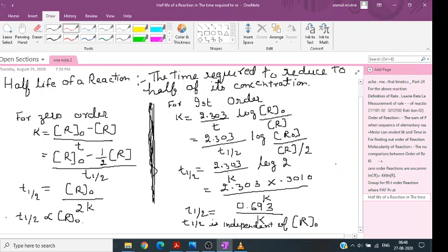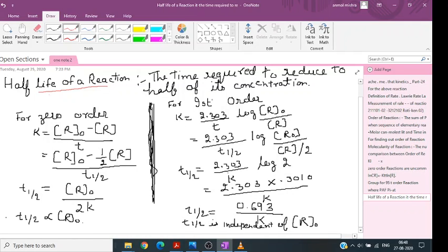Then the next topic is half-life of a reaction. Half-life of a reaction is the time required to reduce to just 1/2 of its initial concentration. For zero order reaction, we have just now derived k is equal to R0 minus R by t.